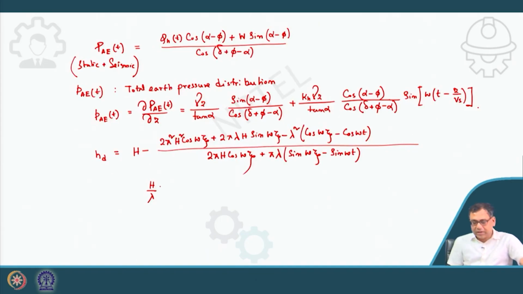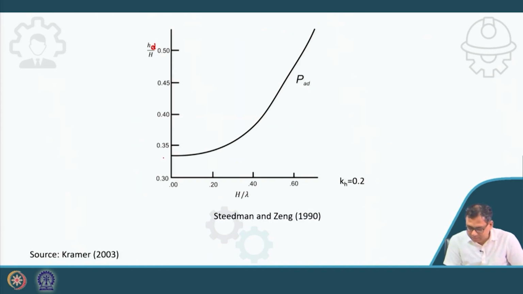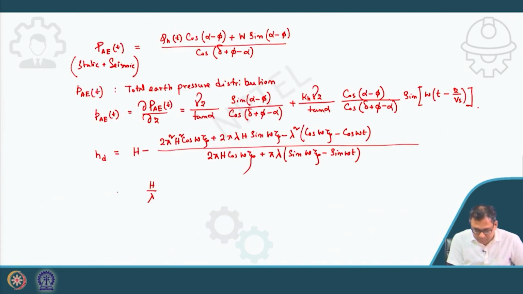So, this small d is exactly h by 3, but as this h by lambda value increases, this point of application also shifts towards the upper side of the wall. So, for small h by lambda, HD is h by 3.